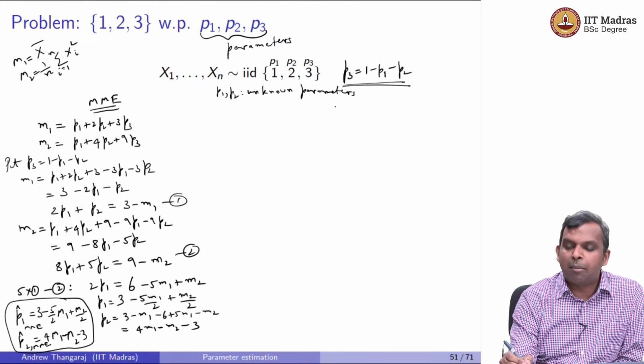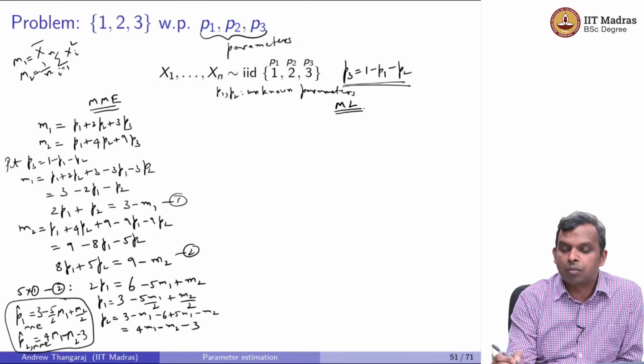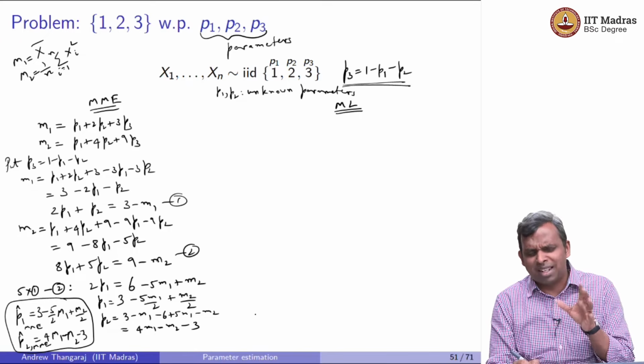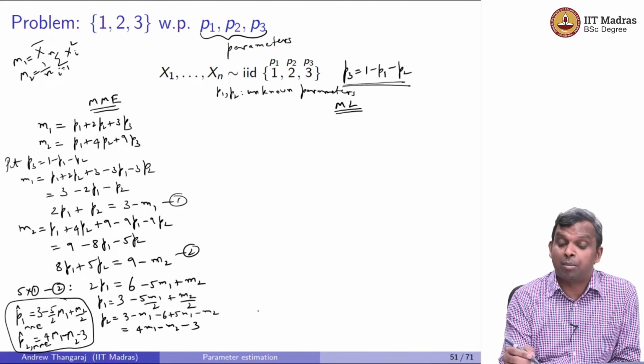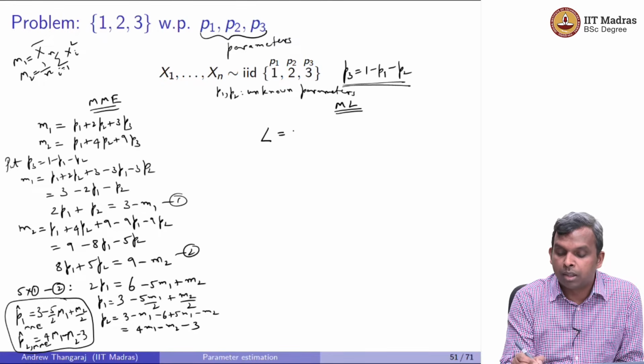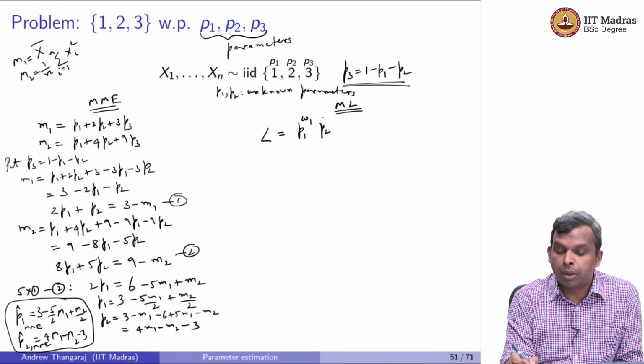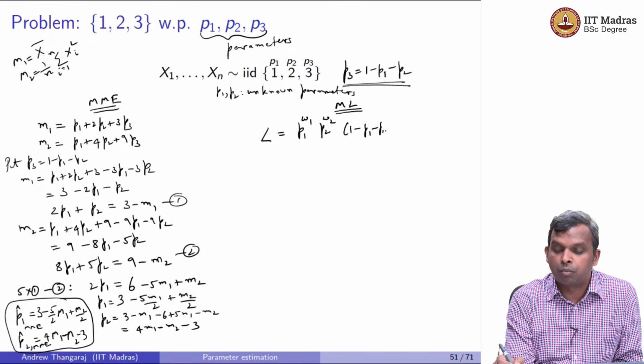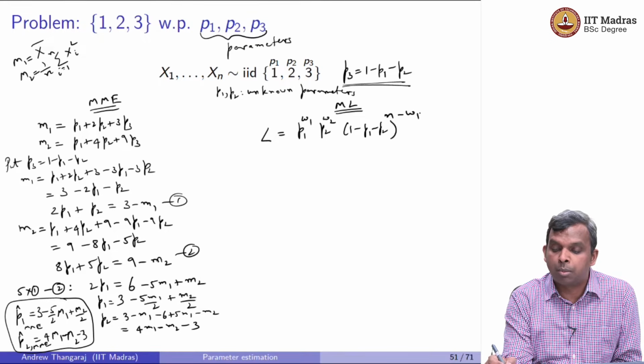Okay, so how will ML look for this case? Notice this case is becoming slightly more involved than we thought, but ML actually happens to be very, very easy. If you find the likelihood, this will be P1 power W1, P2 power W2, and then P3, which is actually 1 minus P1 minus P2, power n minus W1 minus W2. What is W1? W1 is the number of ones.